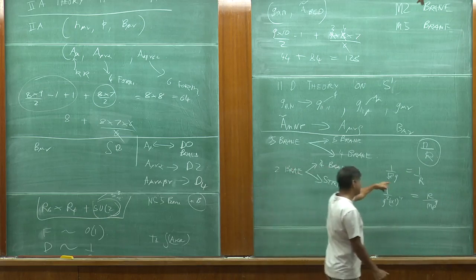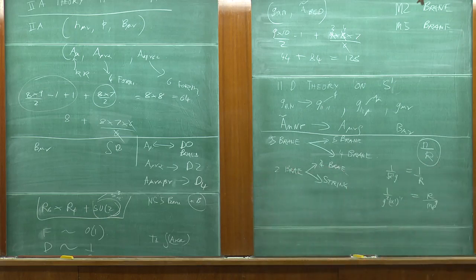Using these two equations, we can rewrite G and alpha prime in terms of R and MP, or vice versa. So both theories have one dimensionless quantity, namely R times MP on the M theory side, and G string on the string theory side. And one dimensionful parameter, namely, let's say MP on the 11-dimensional side and alpha prime on the string theory side.